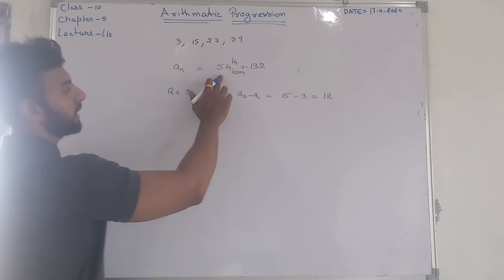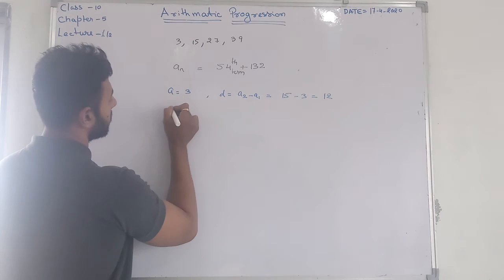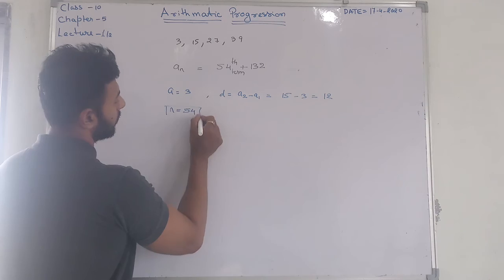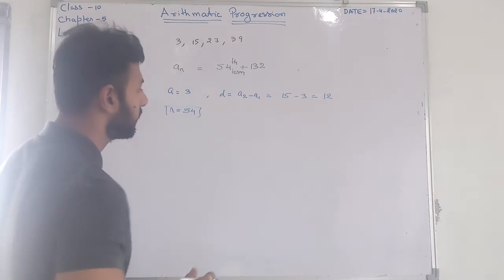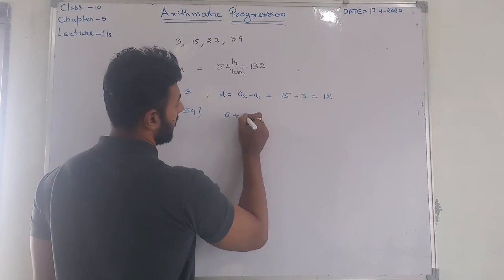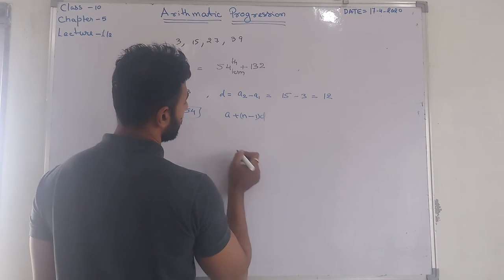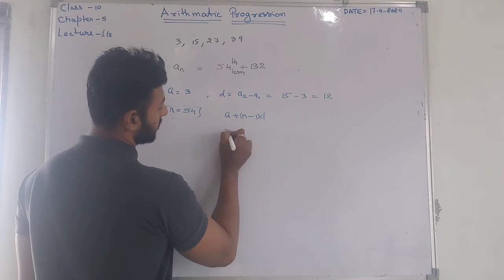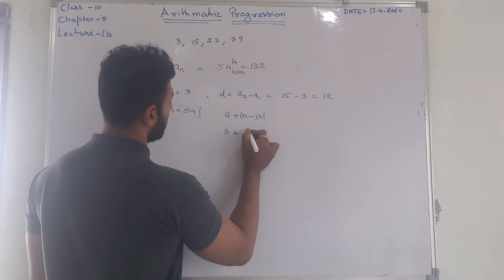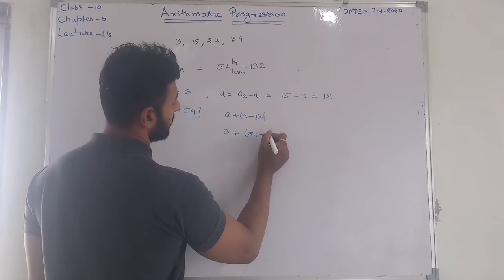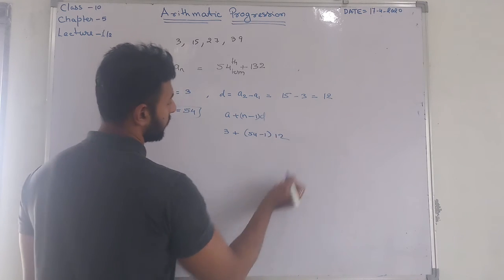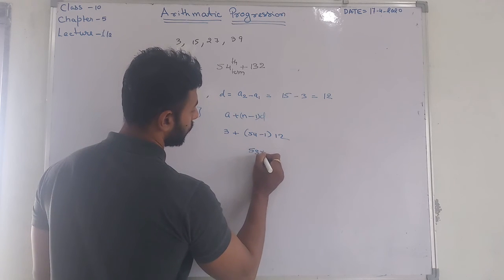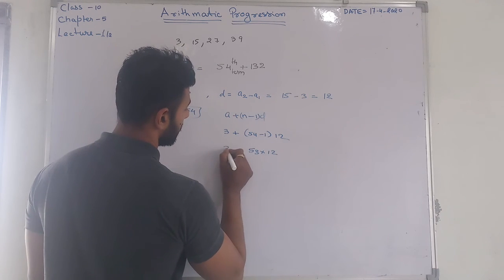Now first taking out the 54th term, meaning n is equal to 54. Using the general expression for the nth term, a plus (n minus 1) into d. The n value is 54, a is 3. So 3 plus (54 minus 1) into d. D is 12. Solving this, we get 53 into 12 plus 3.